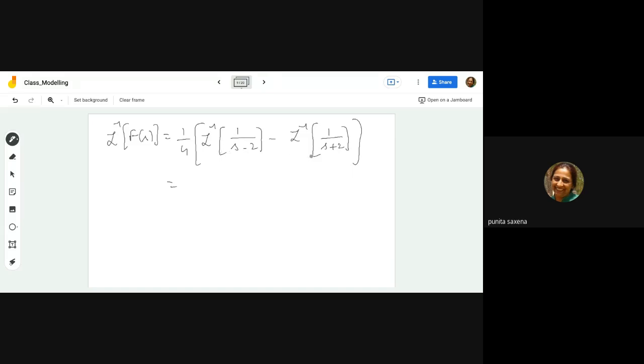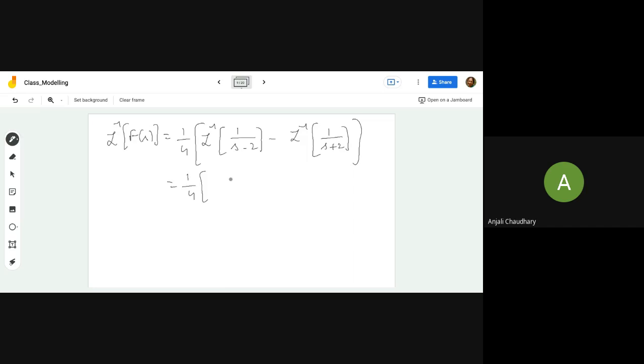Now you have to apply your translation theorem. Had it been just 1 by s, what would the inverse Laplace of 1 by s have been? 1. So what will be the inverse Laplace of 1 upon s minus 2?